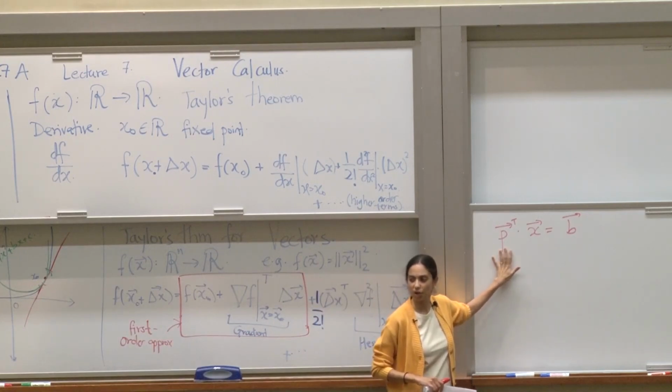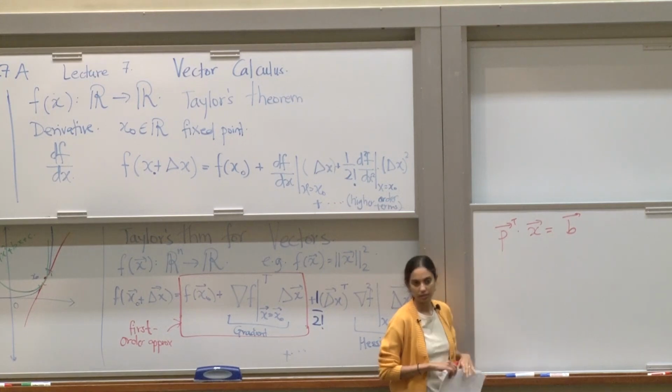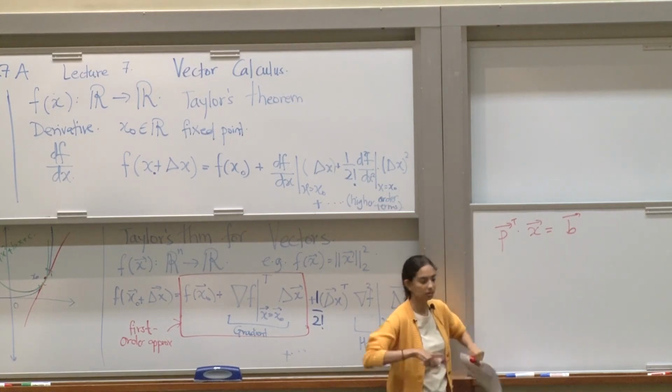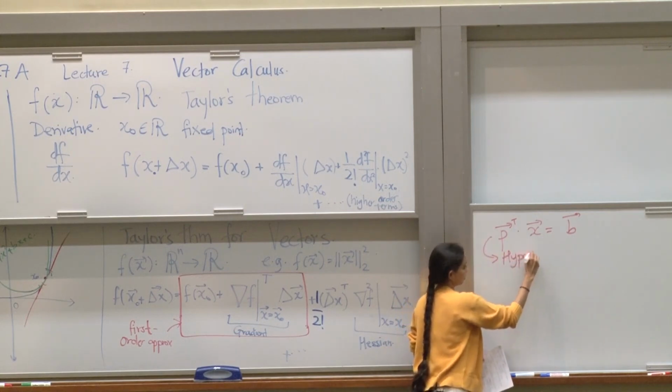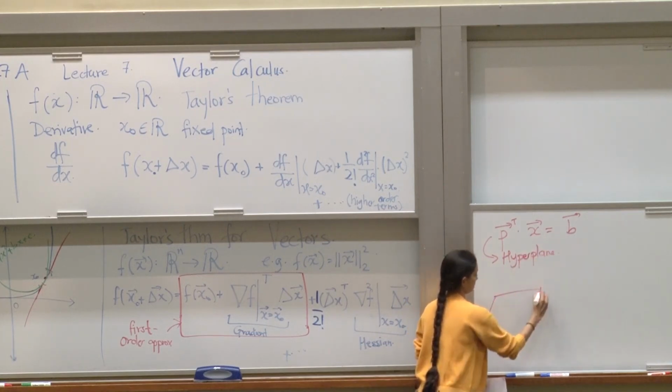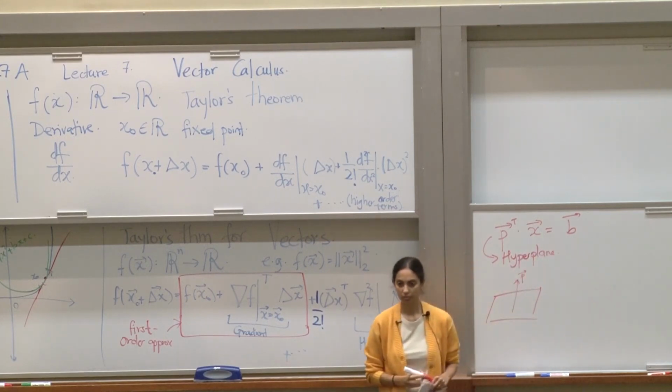What is this in general the equation of? What kind of geometric object is this? It's a hyperplane, right? This kind of equation defines a hyperplane where p is your normal vector.